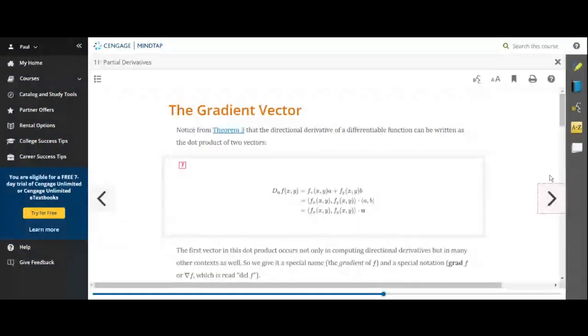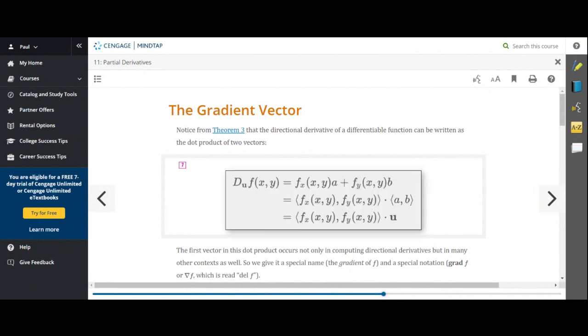So, all right, another important concept is something called the gradient vector. If we look at the definition of the directional derivative, it can be written as a dot product. Isn't that amazing?